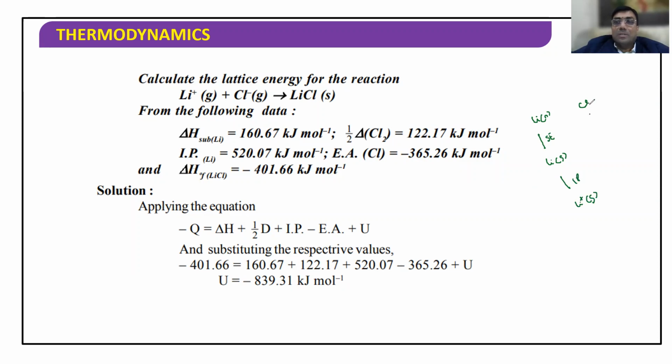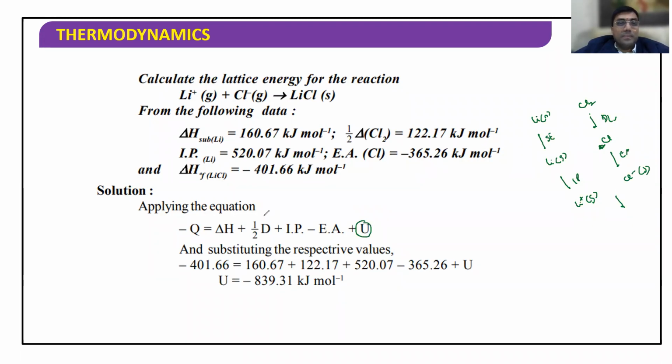Cl2 should be dissociated first, D/2, because 1 Cl is required. Now to this Cl you add electron affinity. It becomes Cl- gas. These two will combine, and this is called lattice energy.